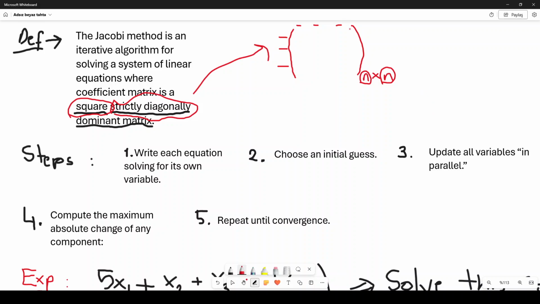But if we don't have a square matrix, say an n by m matrix, then that means we have n equations and m unknown variables, and it is possible to have an infinite number of solutions or an empty solution set. So we might not have a solution at all.